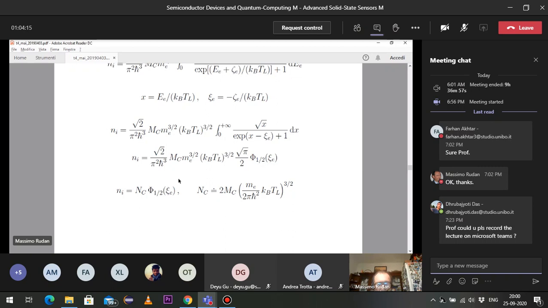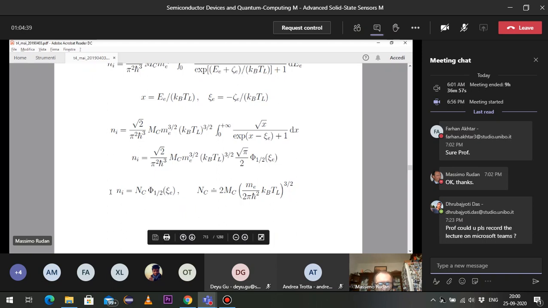Then we can simplify a little bit, because square root of 2 and 2 simplify, square root of pi and pi squared simplify, etc. So NC is a constant concentration, whose expression is here. You can see in the last line of the page.